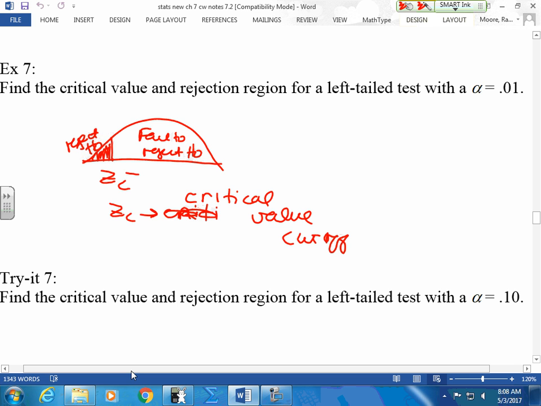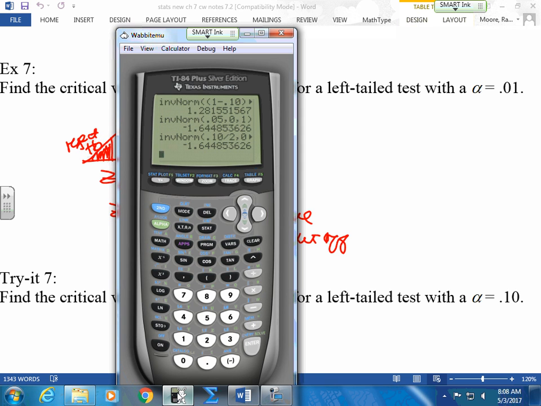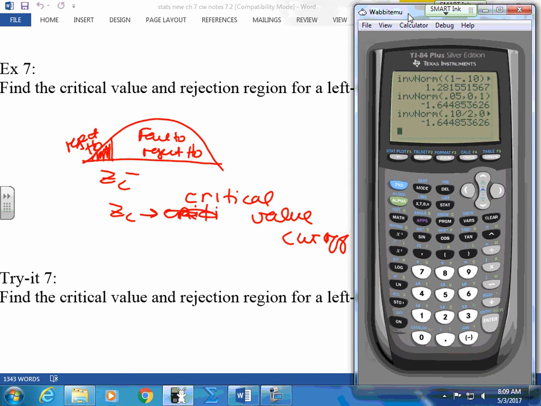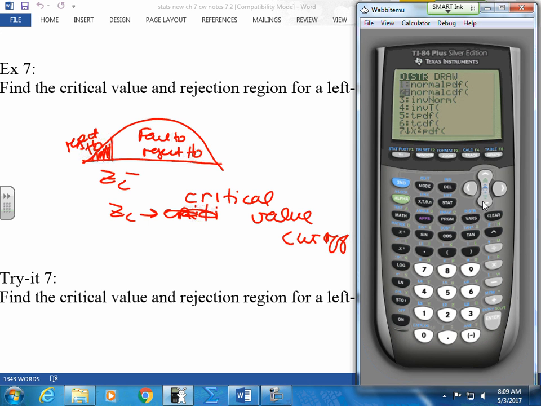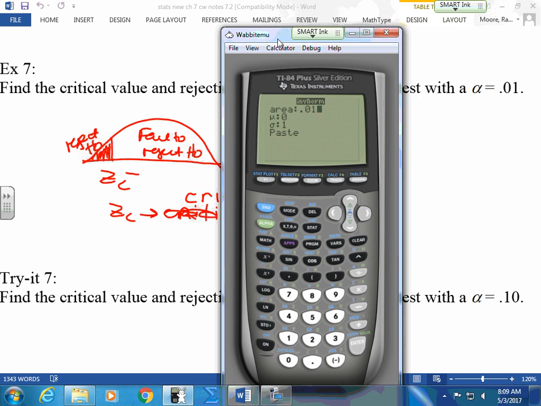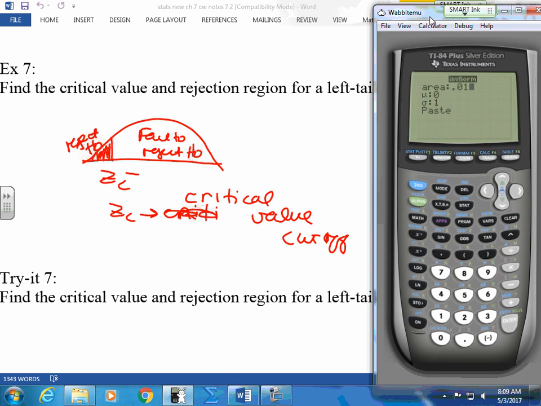So how do I find this? I go to my calc. What do I do? Inverse norm. Good. What do I put in? .01. Isn't that what they asked me for, .01? .01. That's all I want.